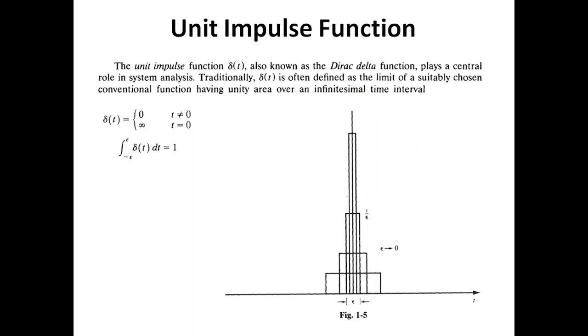Now similarly, the unit impulse function. We all know that for t not equal to 0 delta t is 0, and at t equals 0 we have infinite amplitude. However, the area of the Dirac function or unit impulse function is 1, and hence we consider the amplitude of the unit impulse function as 1 in practice.